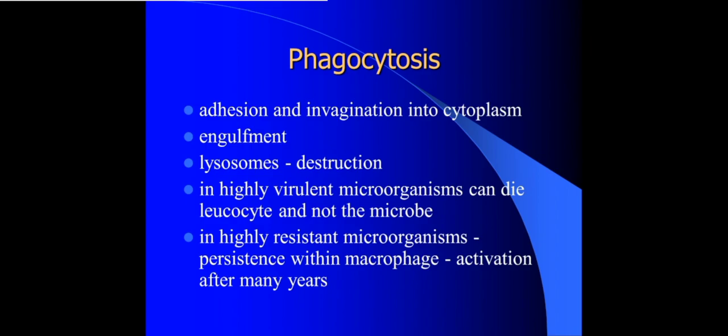Now phagocytosis. Phagocytosis means eating the foreign substance and removing it from the body or cells. Phagocytosis is engulfment and invagination into the cytoplasm. When a foreign substance is present, it acts as a cause of inflammation.